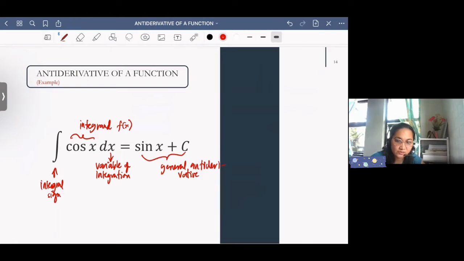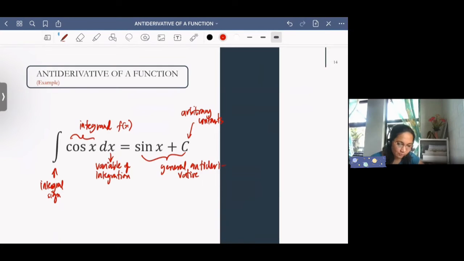And also, don't forget our arbitrary constant. So we have these parts of our antiderivative of a function. Don't forget, because each of these notations plays a vital role in this process of antidifferentiation.